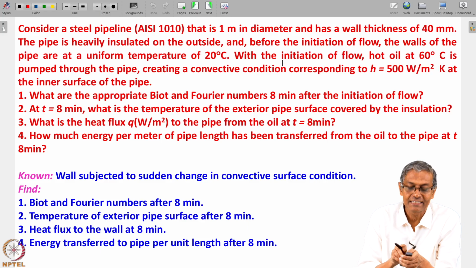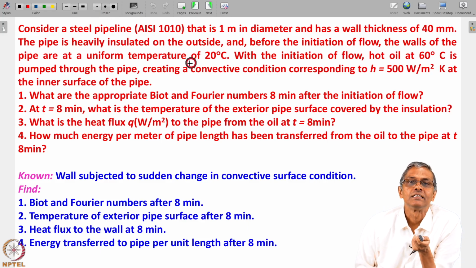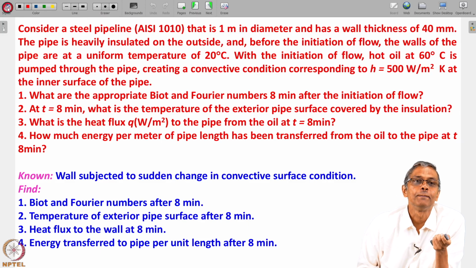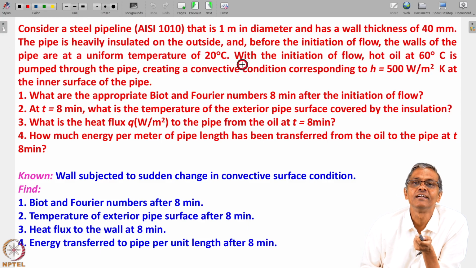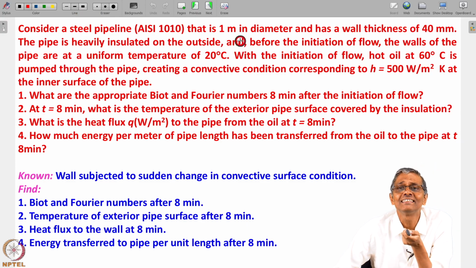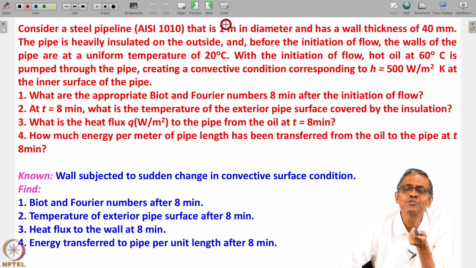Consider a steel pipeline that is 1 meter in diameter and has a wall thickness of 40 mm. The pipe is heavily insulated on the outside, and before the initiation of the flow, the wall of the pipe is at a uniform temperature. You may be thinking that this is a cylinder, so how can I use a plane wall? I am going to make an approximation that the thickness of 40 mm is very small compared to the 1 meter diameter.